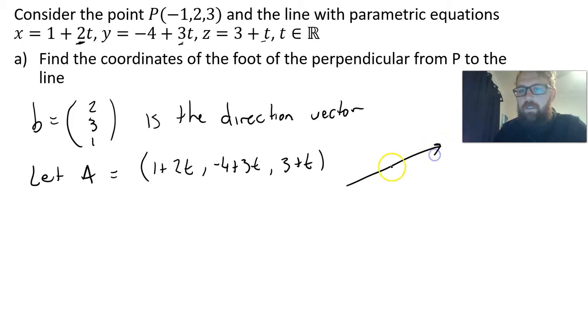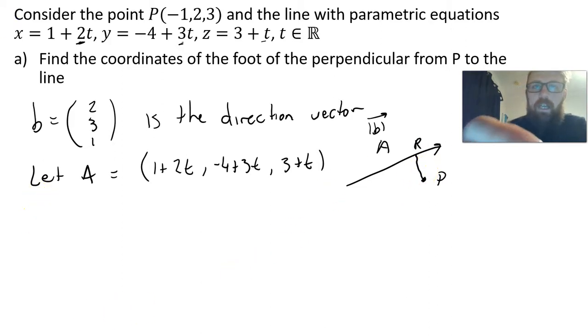That there, we're going to call that our line A, and we have a point P. This might not be to scale, but it's close enough for now. And our direction vector B is going that way. We want to find the position R of the foot of that vector.